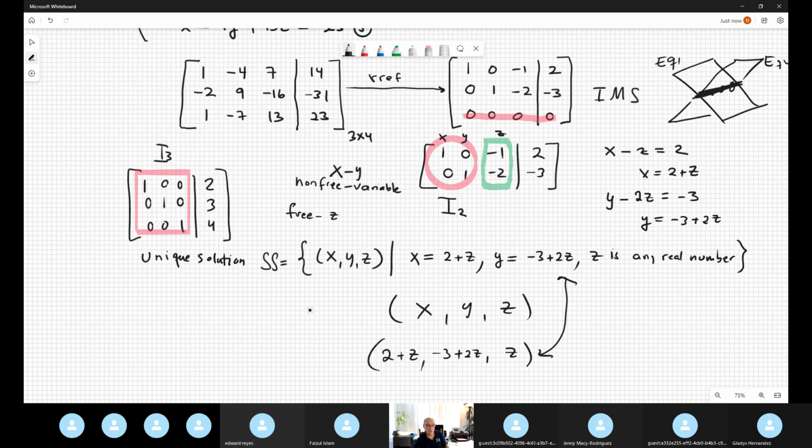Look, what is the difference between this format and this format? The difference is that we have no extra green block, which is the indicator of the free variable. We have no free variable. Therefore, the solution is a point. It's the point 2, 3, 4. x equals 2, y equals 3, and z equals 4. Clear?